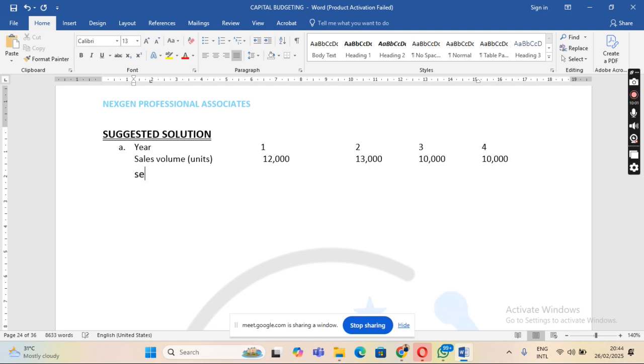Selling price in naira units, increase by 5% per annum.